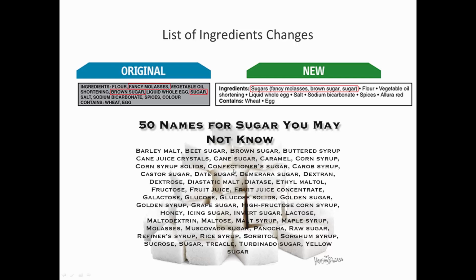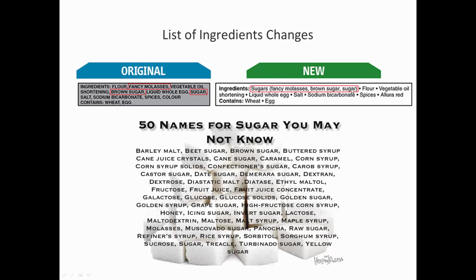And in fact, there are at least 50 different names for sugar. And so what the companies would do is that they would just list all the different kinds of sugars, and because each one was in a small proportion, people reading the label said, this is mostly flour and not too much sugar. In the new labeling system, they can't do that. So they're going to have to list all the sugars together.